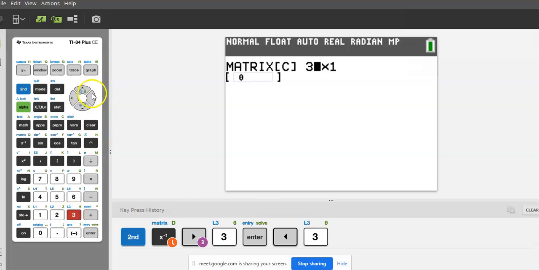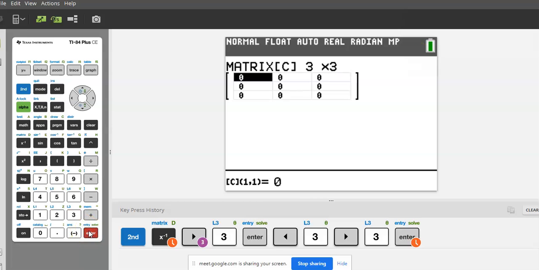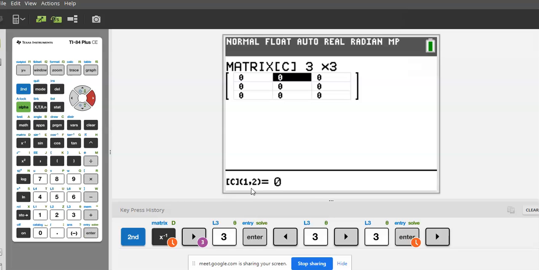So maybe we'll do a 3 by 3. And it gives me enough space in the little grid for 3 rows, 3 columns. And if you recall, down here in the address, the first number is the row, and then the second number is the column. So if I go over one space, now it says row 1, column 2, and row 1, column 3, or row 2, column 3.